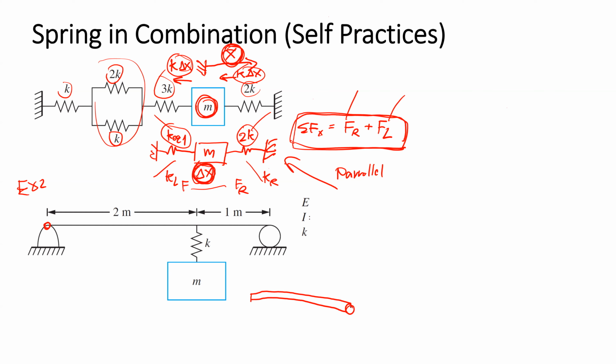But it seems like at the conjunction point from the left and the right part of the spring, we have the constraint delta X1.